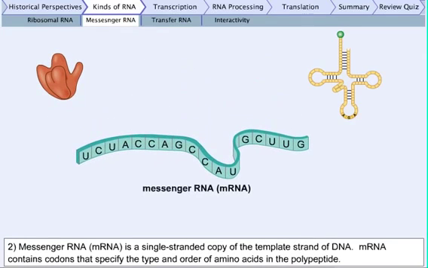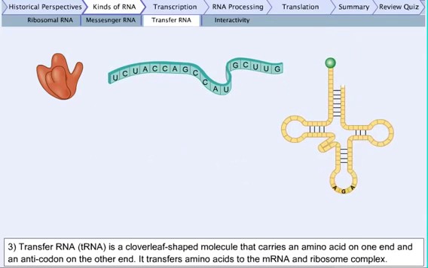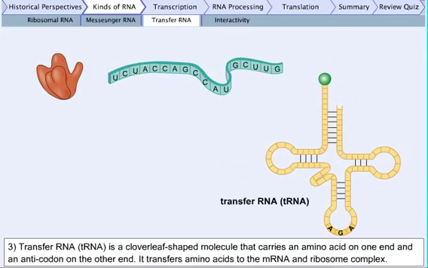Messenger RNA, or mRNA, is a single-stranded copy of the template strand of DNA. mRNA contains codons that specify the type and order of amino acids in the polypeptide. 3. Transfer RNA, or tRNA, is a cloverleaf-shaped molecule that carries an amino acid on one end and an anticodon on the other end. It transfers amino acids to the mRNA and ribosome complex.